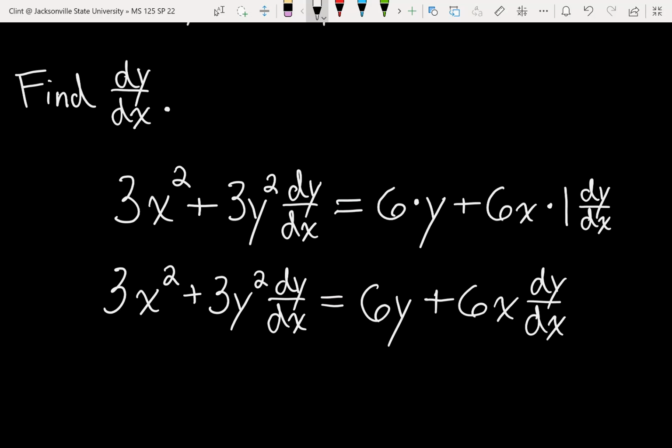One benefit of using dy dx instead of y prime is it's not as easy to lose in there. If you miss one little tick mark on the y prime, it can kind of disappear and you lose track of it.